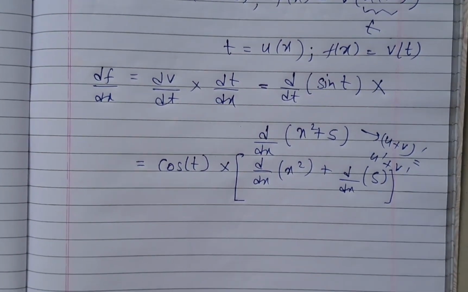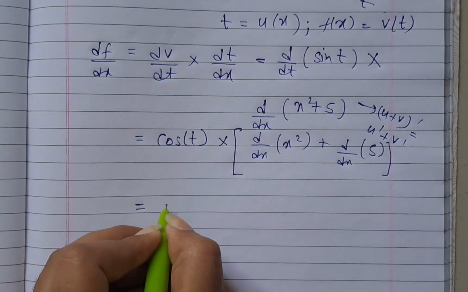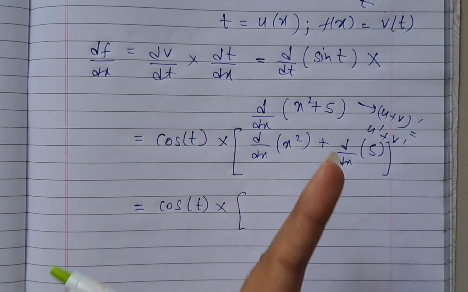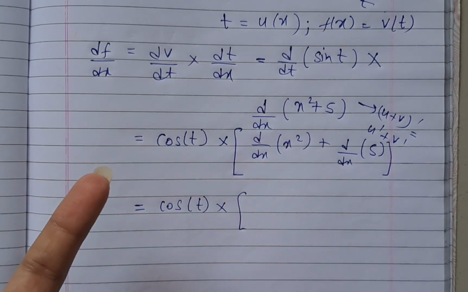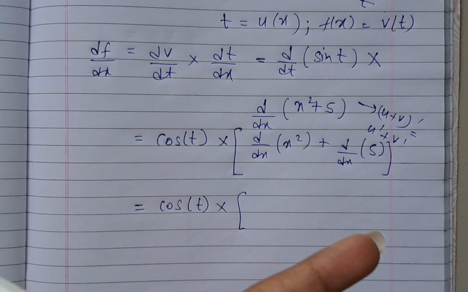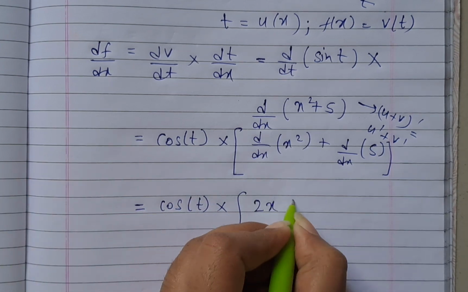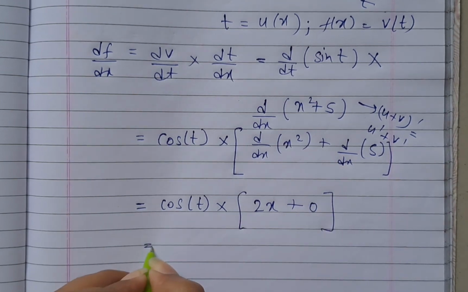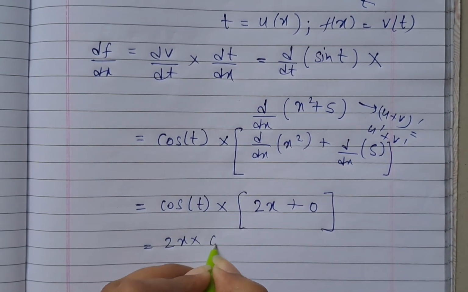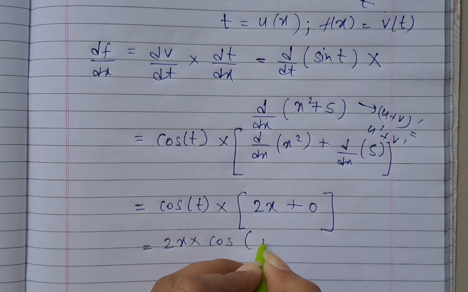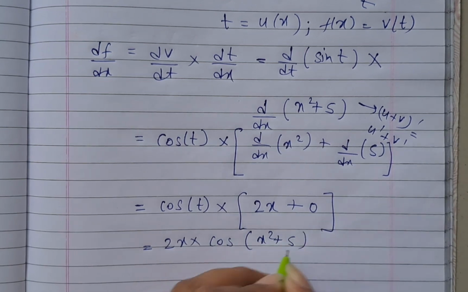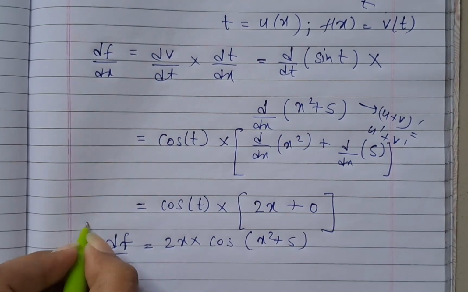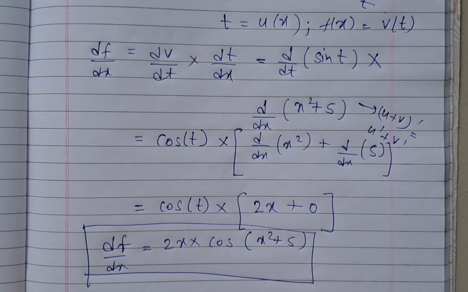Then we can write it as cos of t into, now the derivative of x square will be what? The derivative of x raised to n is n into x raised to n minus 1. So this will be 2x, plus the derivative of a constant is always 0. So we can write it as 2x into cos of t. t here is x square plus 5. So here our df by dx is equal to 2x into cos of x square plus 5.